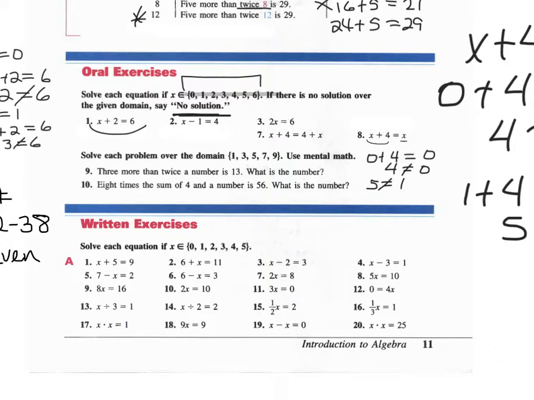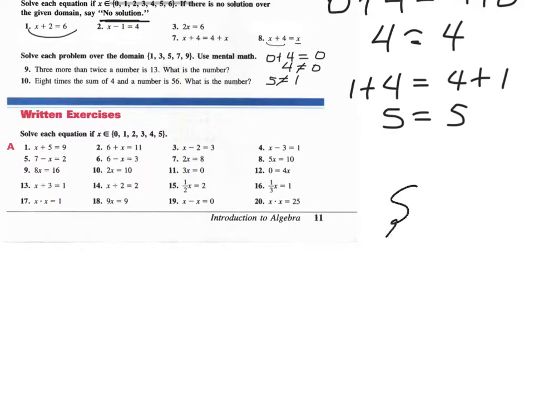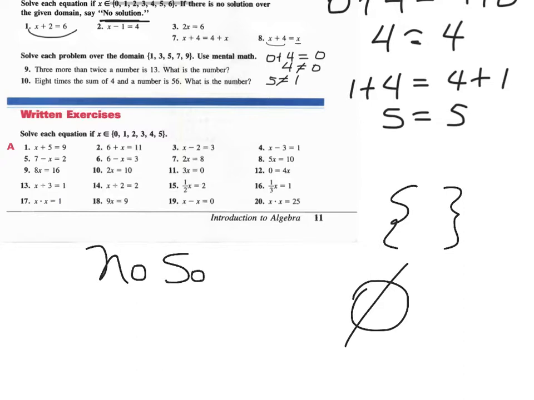Now, in some textbooks, when it's no solution, you'll see empty brackets with nothing in it, or you might even see a 0 with a slash. We've been exposed to the 0 with a slash, which is the null set. Okay, so these are all examples of no solution or the null set, or in this case, the directions are telling you to write no solution.